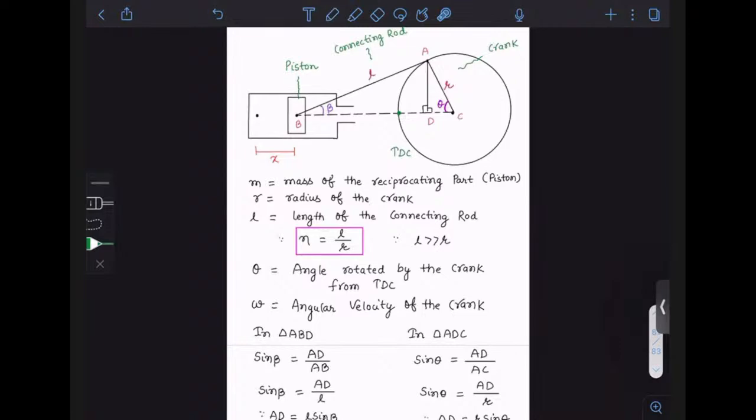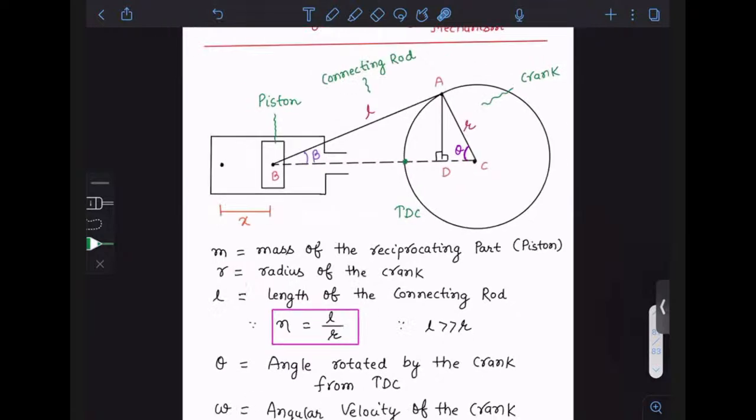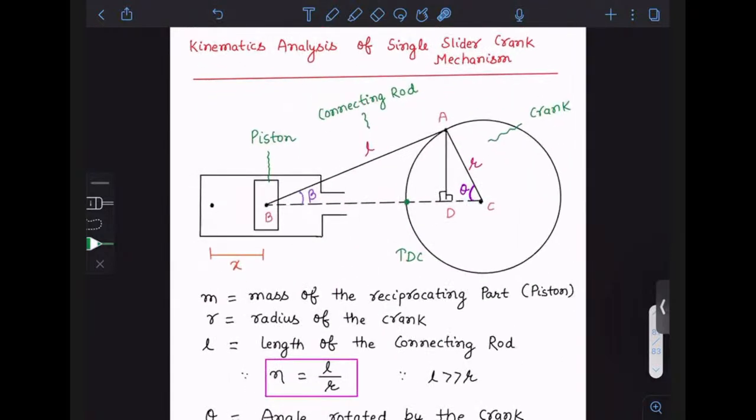So I hope you guys are noting it down. Please note down all the discussions. Starting from here, note down all of you.